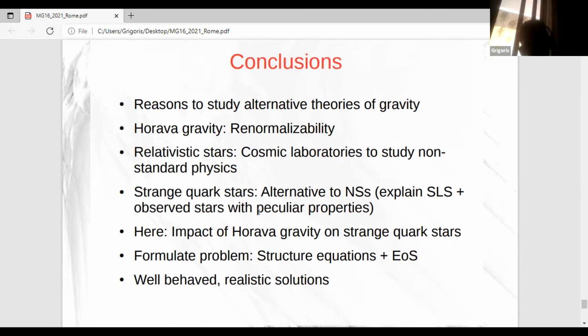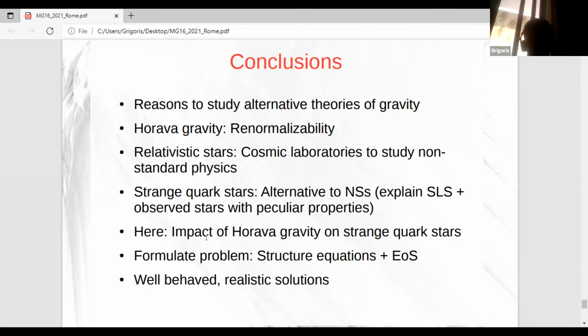Strange quark stars are interesting objects that serve as an alternative to more standard neutron stars, as they can explain superluminous supernovae.